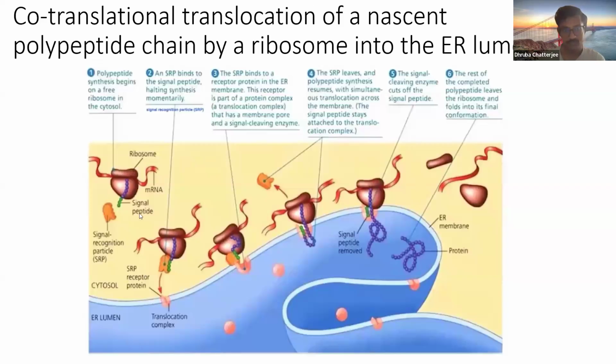So in this co-translational mode of delivery of the nascent polypeptide chain, the ribosome binds the mRNA in the cytosol and starts the translation. But at the very beginning of the translation, when just a few amino acid residues of the nascent polypeptide chain have been synthesized, mostly at the N-terminal end, there is this unique set of 4 or 5 or 6 amino acid residues, which is called the signal peptide or the signal sequence.